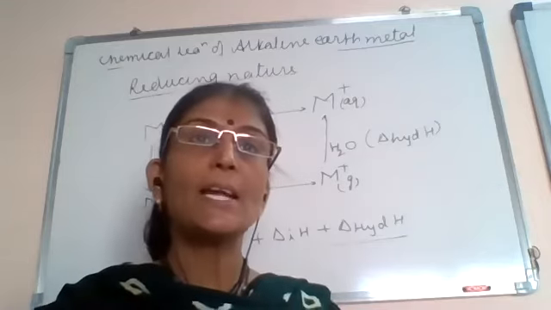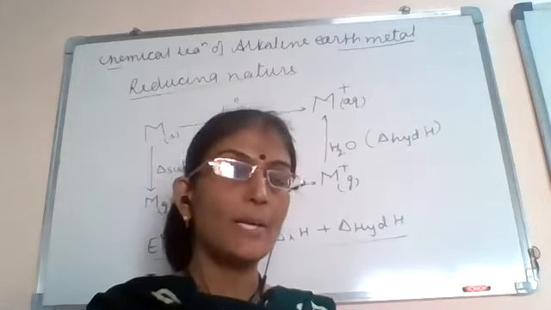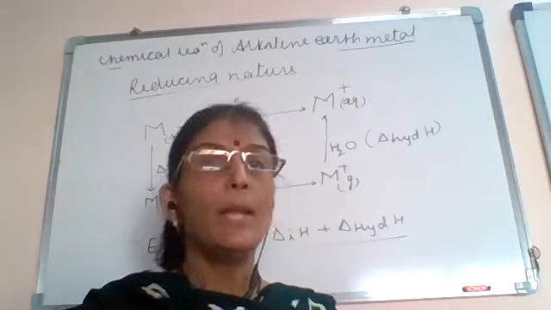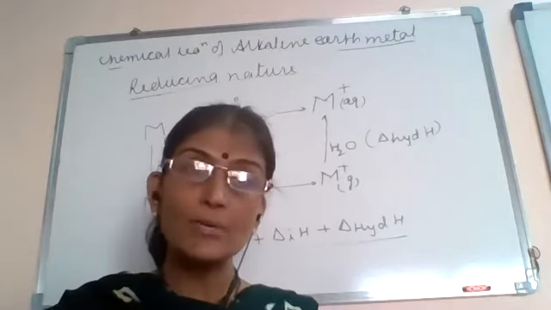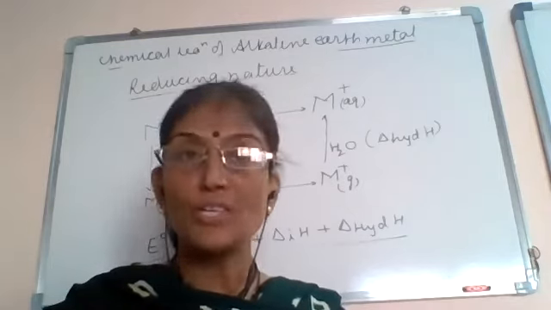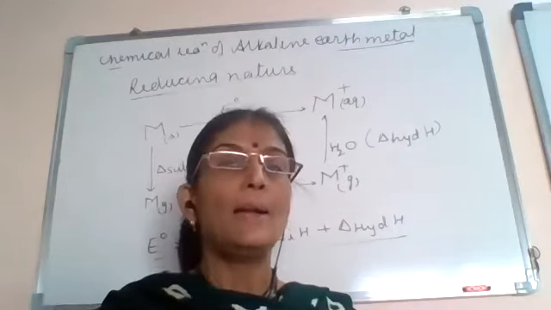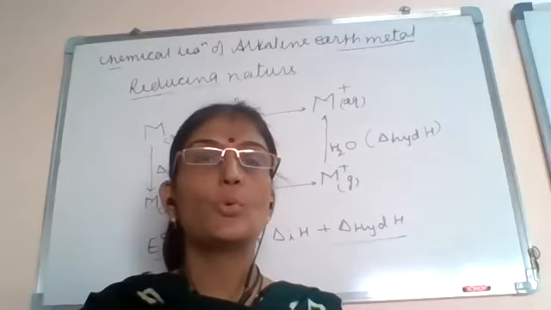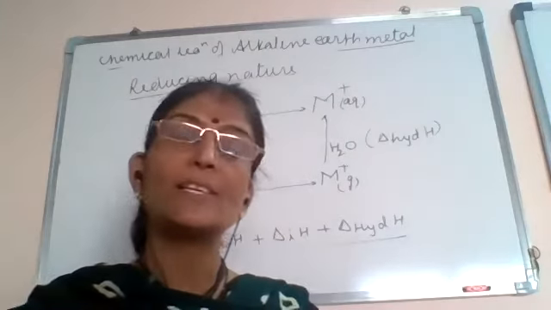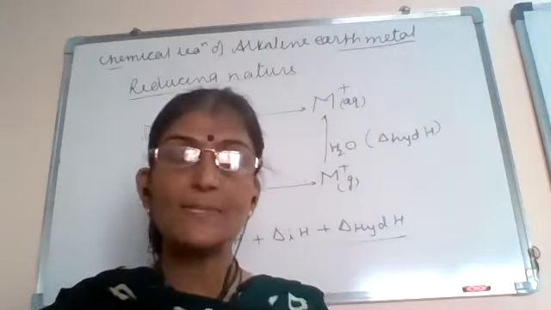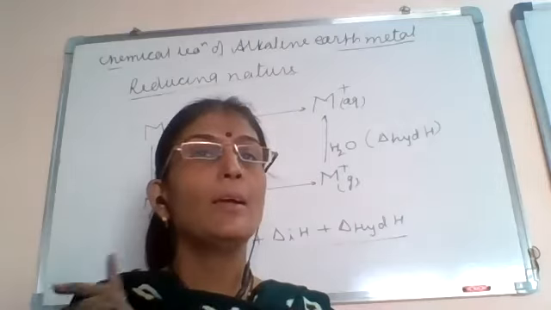And in alkaline earth metals, the reducing character increases from top to bottom. Barium is a good reducing agent compared to strontium, calcium and beryllium. Clear? So if we compare the reducing character among themselves, it increases top to bottom.